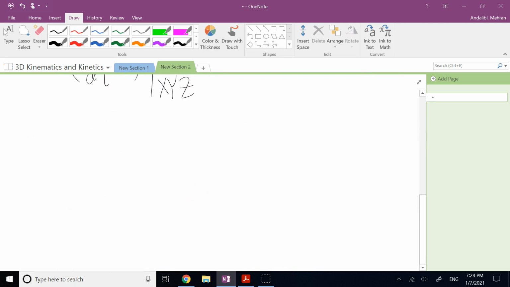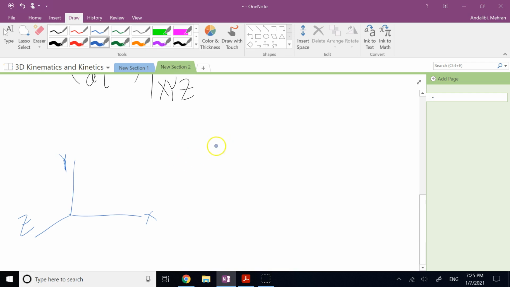This is what this frame is, and I'll show you a graphic of that as well. So here I have this frame XYZ. This is the inertial frame.